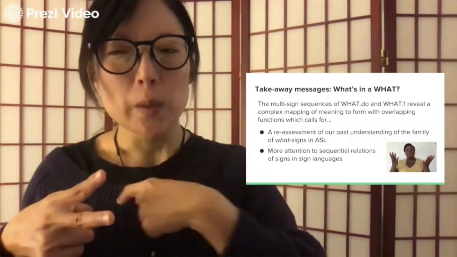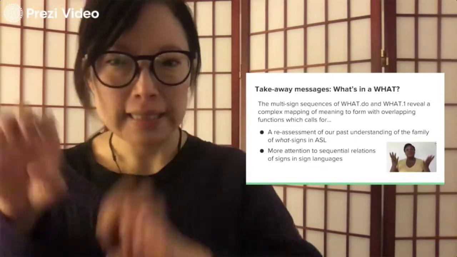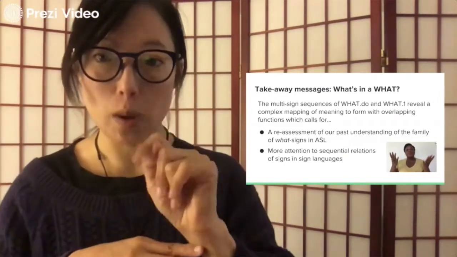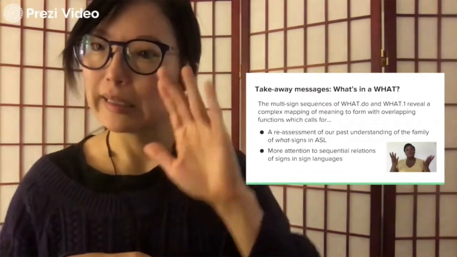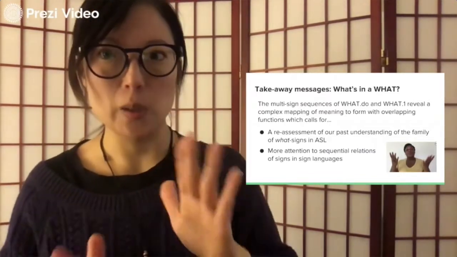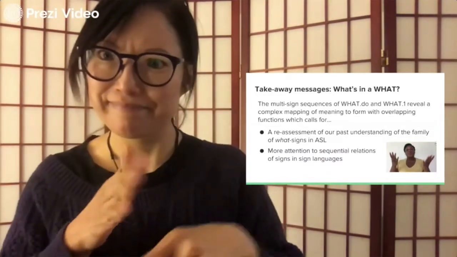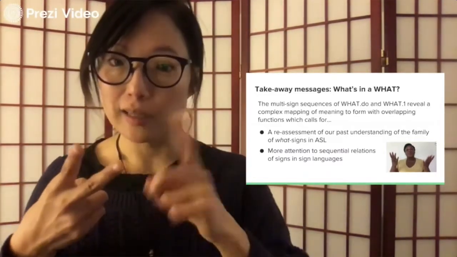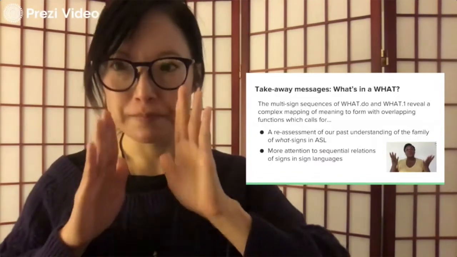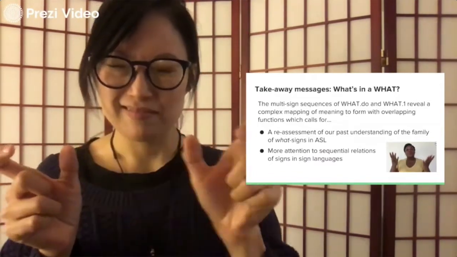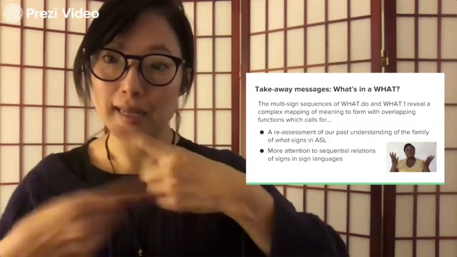One, we need to reassess our previous understanding of what signs in ASL, as it seems that we do not have an in-depth understanding of how these what signs function. And two, we need to pay closer attention to the sequential relations between signs.